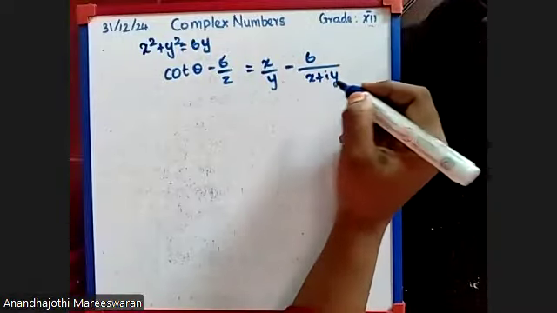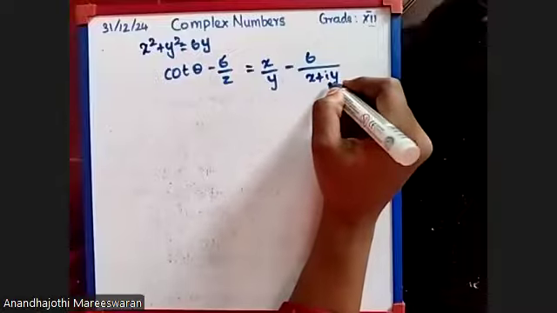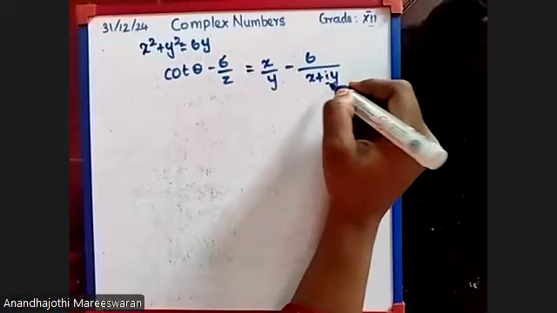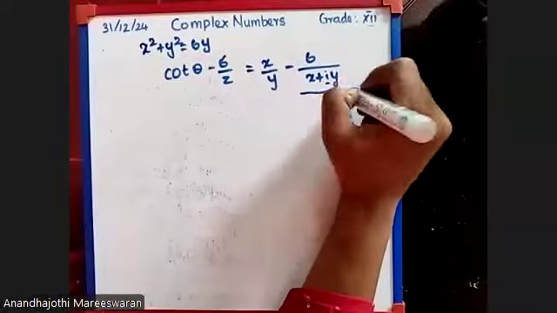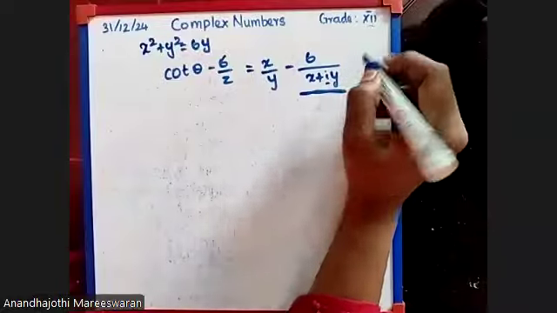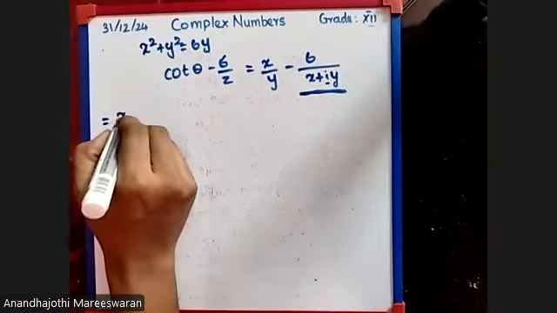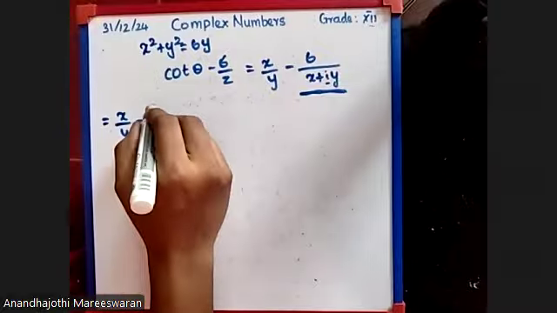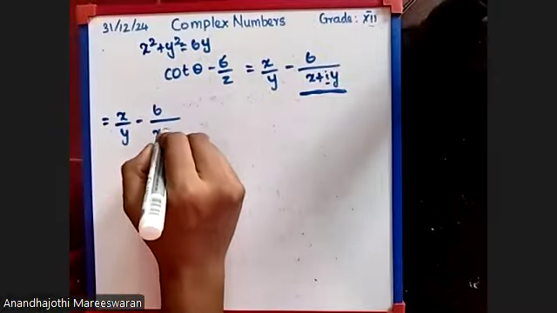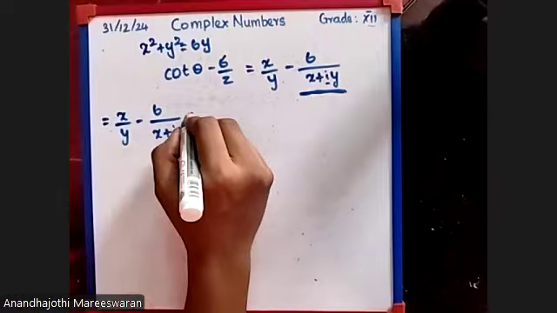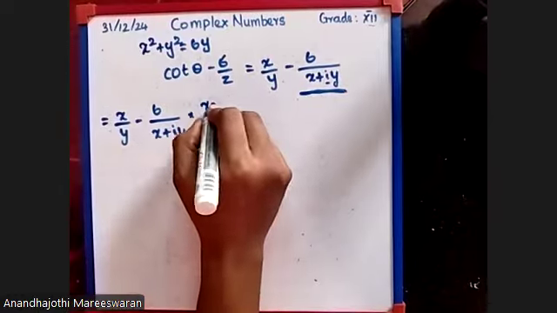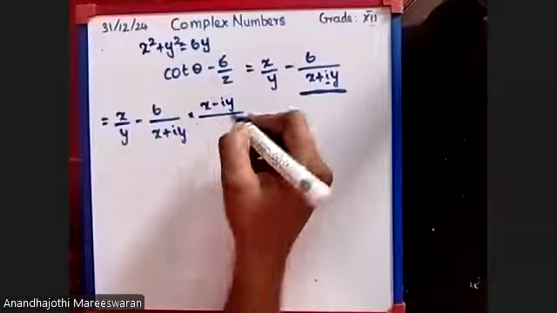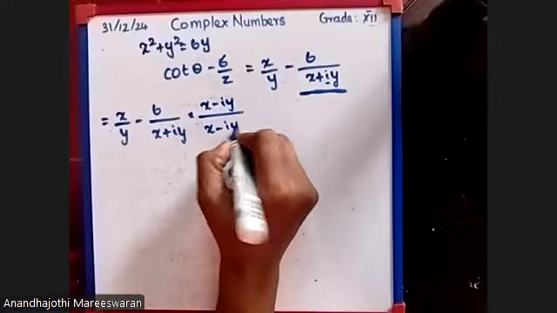So to eliminate this imaginary term, I am going to multiply this term alone by its conjugate. So x minus y minus 6 divided by x plus iy multiplied by this term's conjugate, x minus iy divided by x minus iy, right?